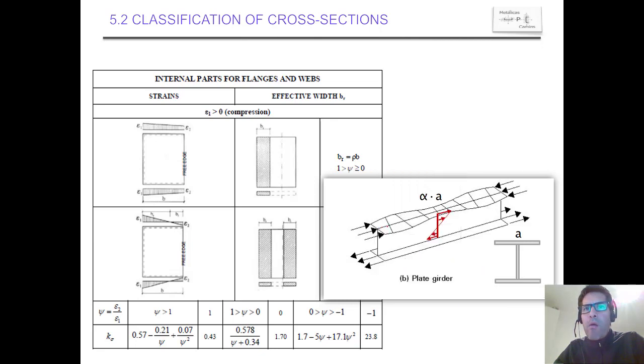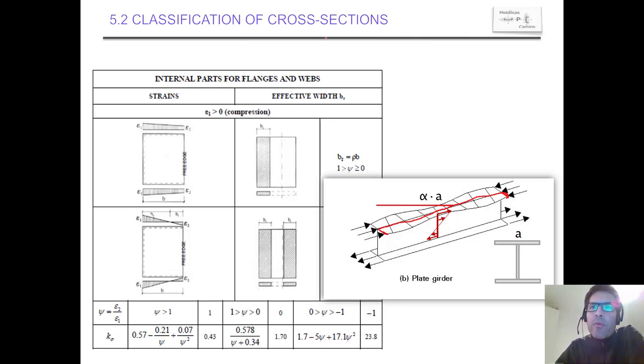Maybe again. Yes. We have one border, another border, and another border here. 3 borders of this case, which is compressed as well.